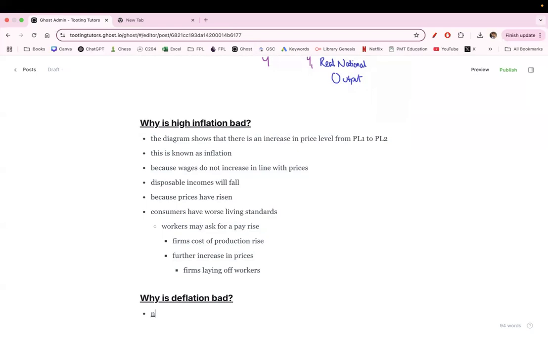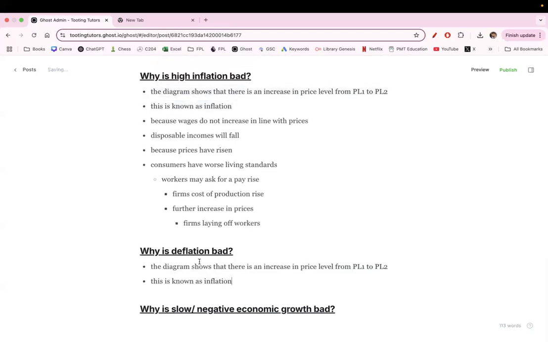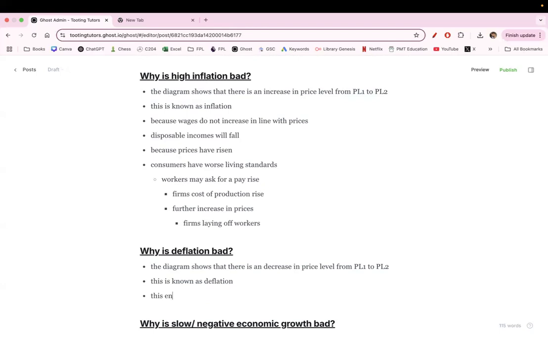Do you remember why deflation is bad? Well, it can cause a fall in demand. Because prices are going down, so people wait for them to decrease even more. Good, so they delay spending.